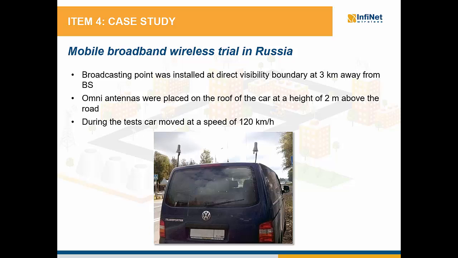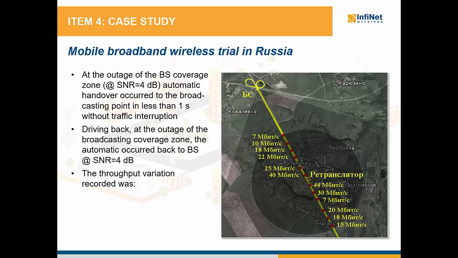It was measured that the handover was performed in less than 1 second and no traffic was interrupted. And as you saw in the previous slide, the car was moving at a speed of 120 kilometers per hour. As I said at the beginning, I chose this trial to point out that we are not necessarily limited by the speed of the vehicle.